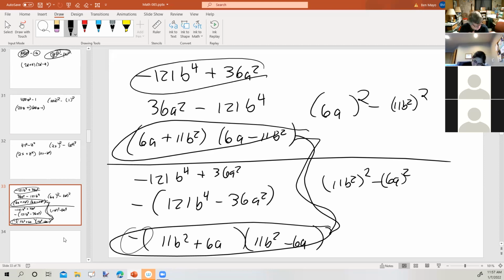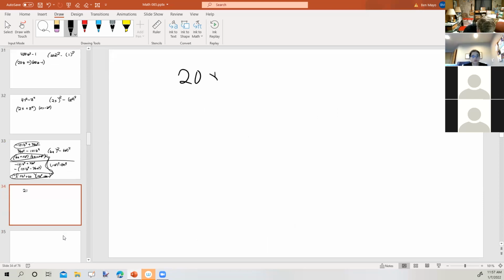Any questions there? Okay. How about this one? Is that the difference of two squares? Anybody?